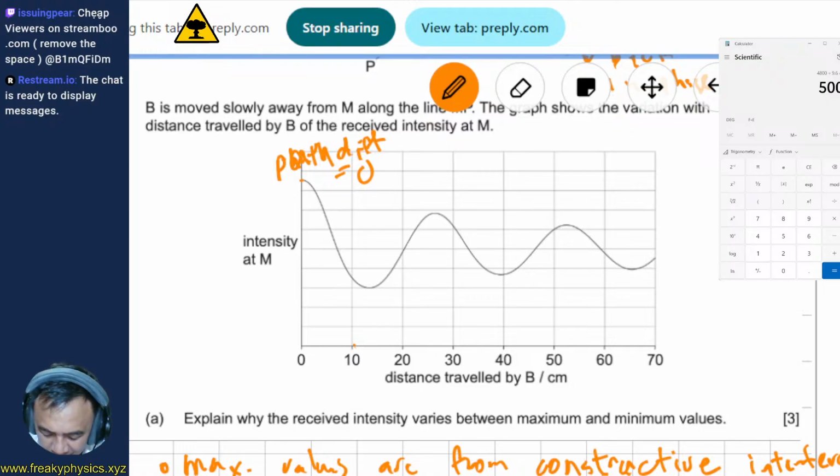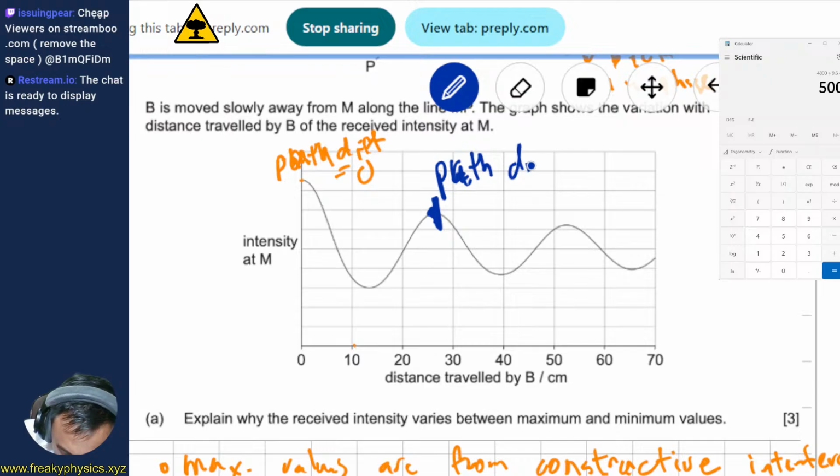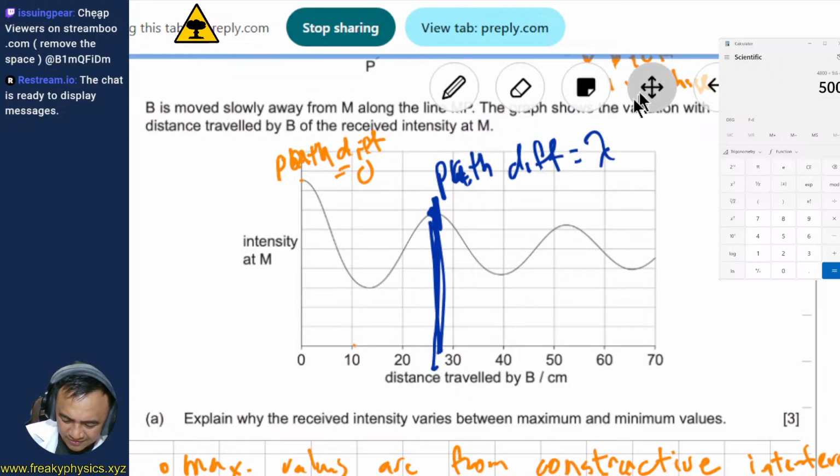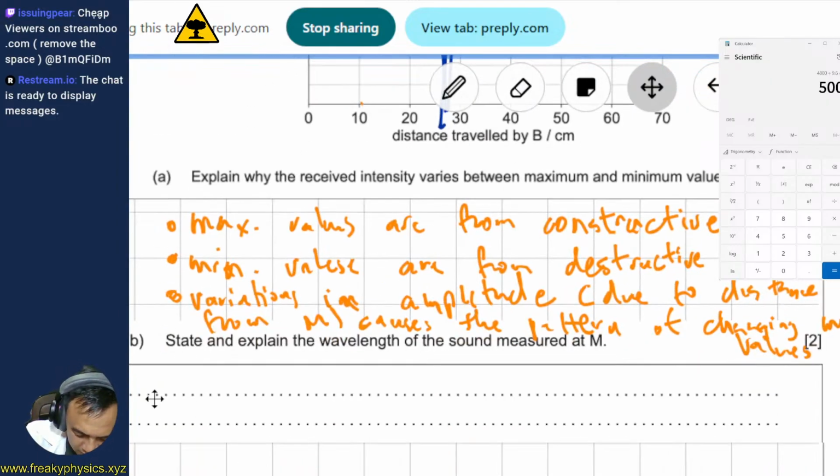Then the next point of interest here is where the path difference equals 1 wavelength. So you can already see what 1 wavelength is. That's approximately 28 centimeters or 27 centimeters. So that's the explain part.